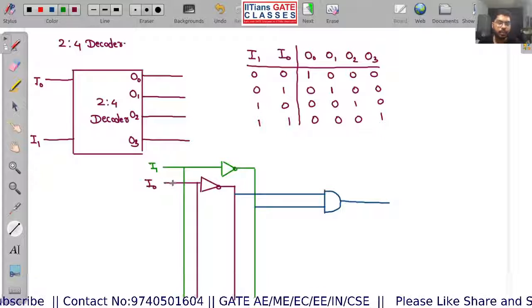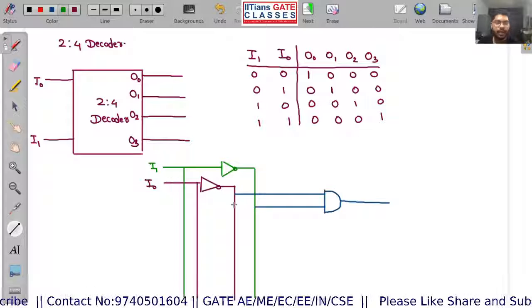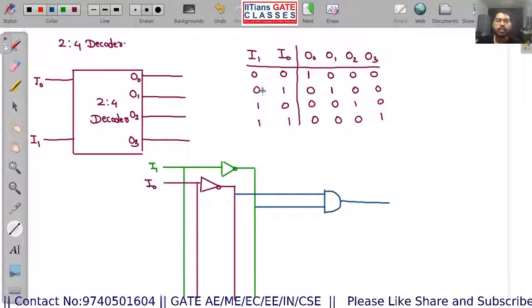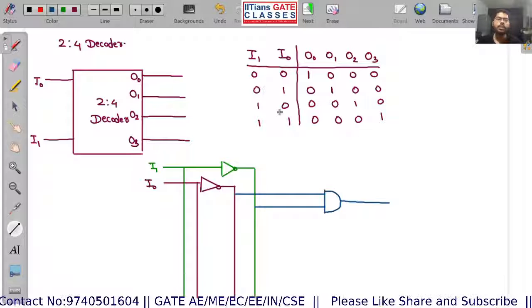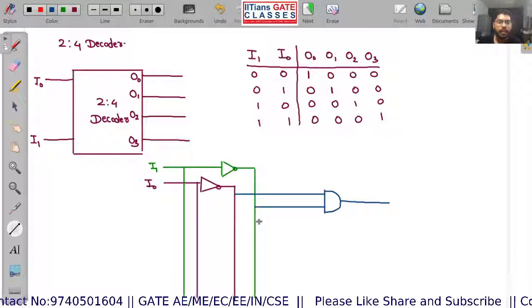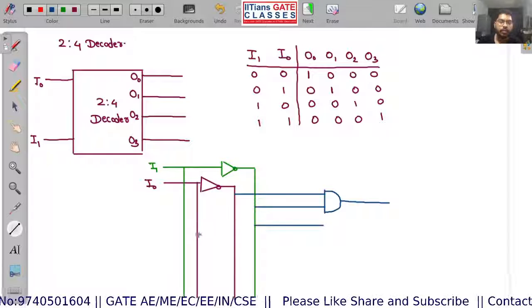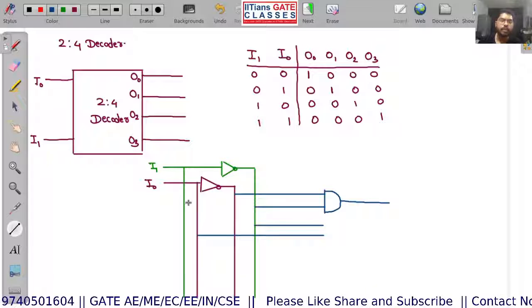This corresponds to I0, and this line corresponds to I0 complement. Our next case is I1 equal to 0 and I0 equal to 1.